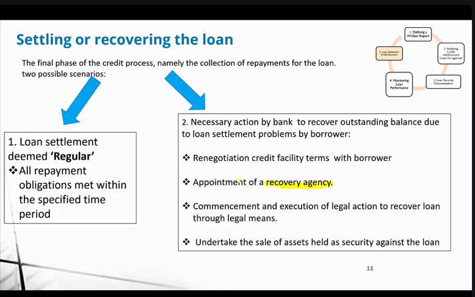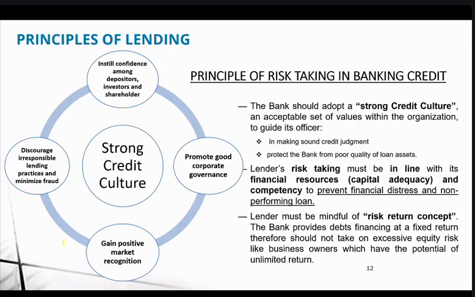In business lending you would do it internally, but in retail lending like credit cards and housing loans, you may appoint a third-party company. They'll come in and do the collection and calls for you, and then they earn the commission accordingly. So that's the end of the credit process cycle.